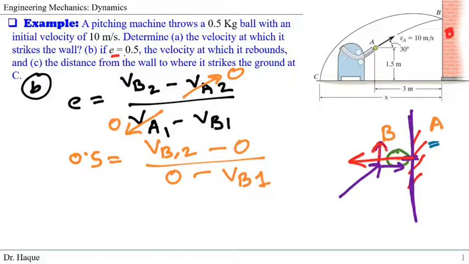The Y component will remain undisturbed. So in this equation we have to say it's VB2, but only the X component of B, so VB X component of 2.